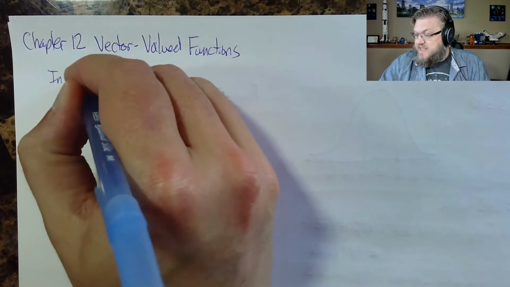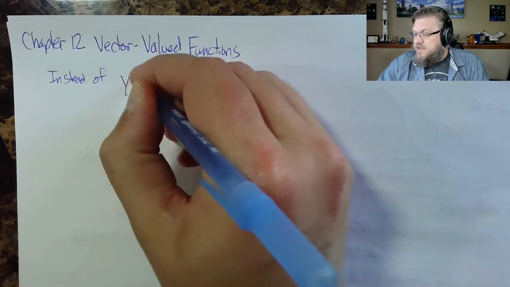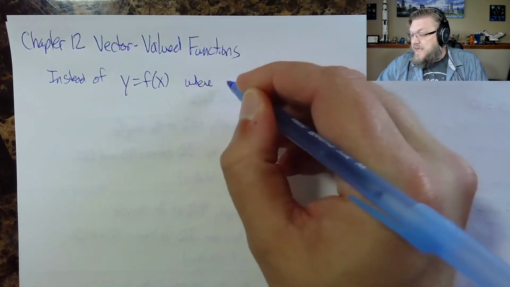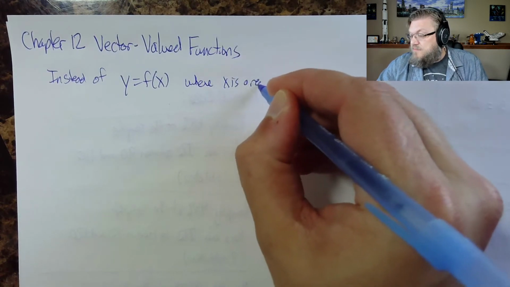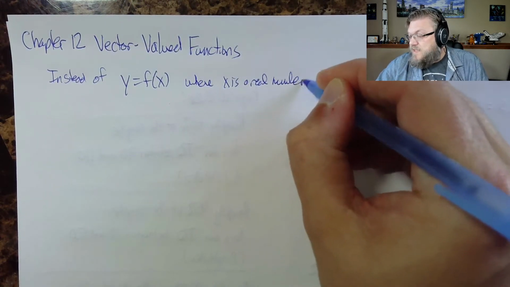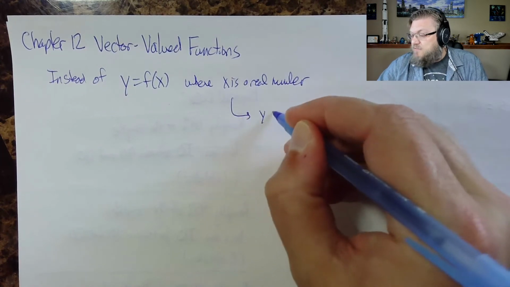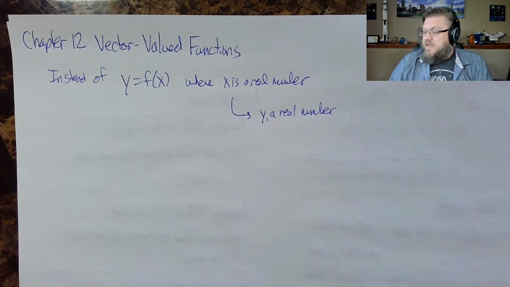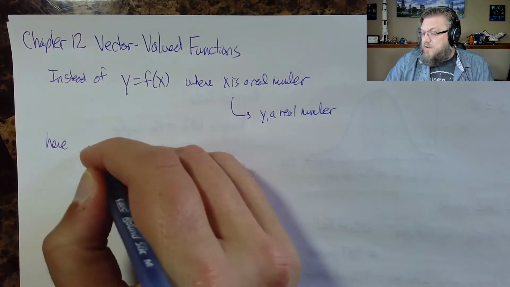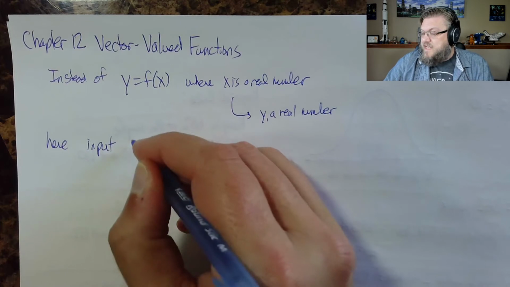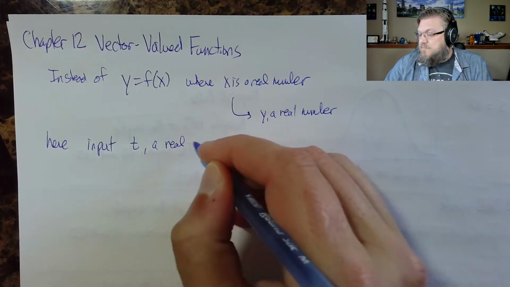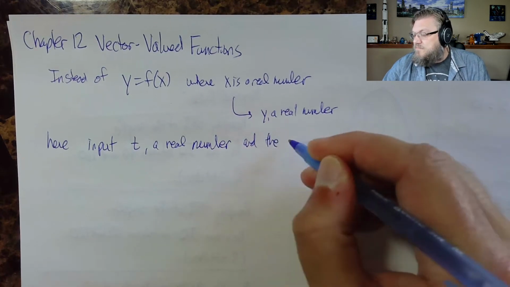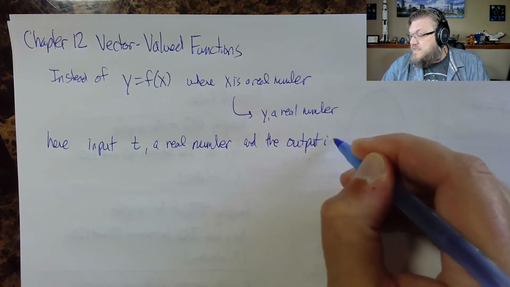So we could say, instead of y equaling f of x, where x is a real number, you plug that in and you get y, a real number, here we input t, a real number, and the output is a vector.